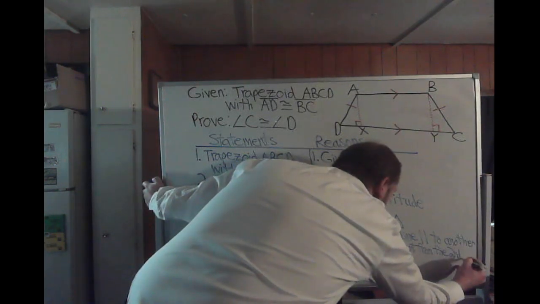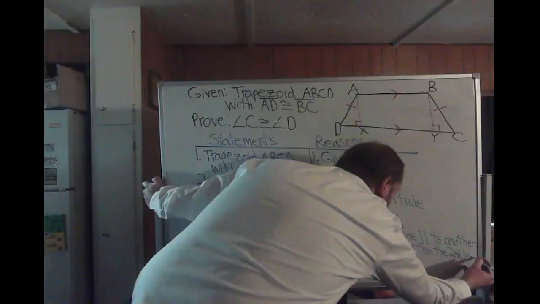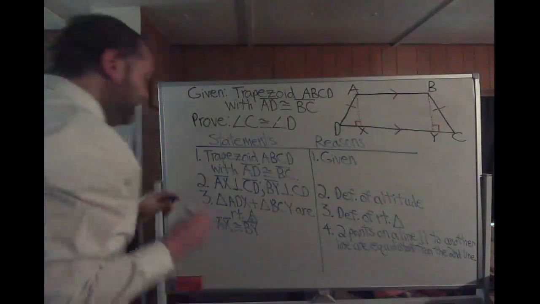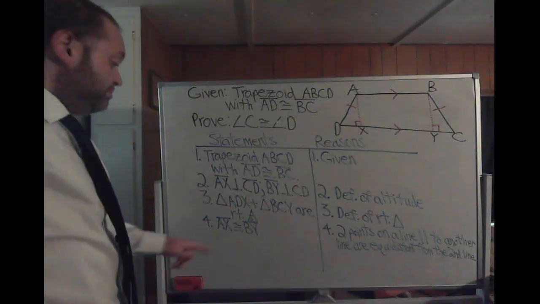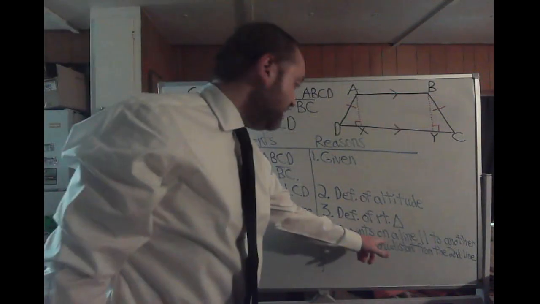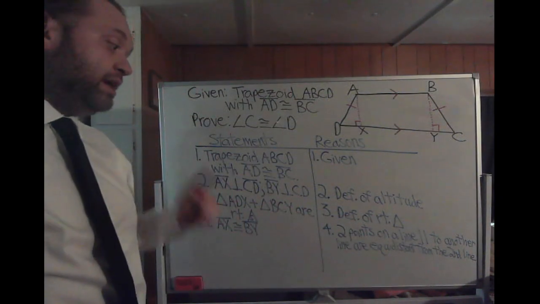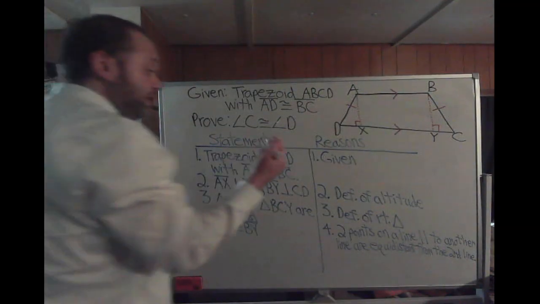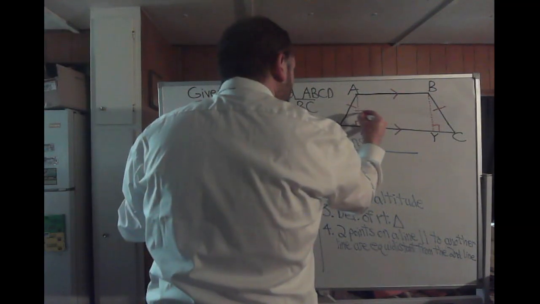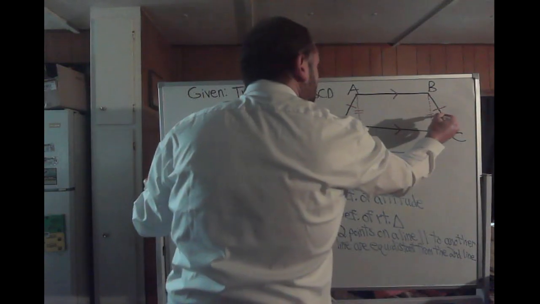That's kind of a long one, but that's what the theorem is, and there's really not a much better way to abbreviate it. So, by the theorem that two points on a line parallel to another line are equidistant from the second line, in other words, AX would be congruent to BY.